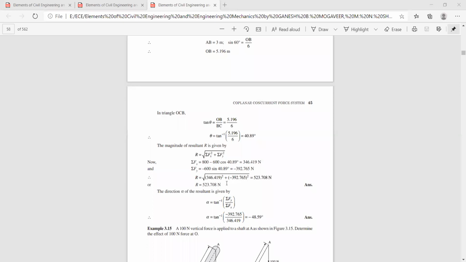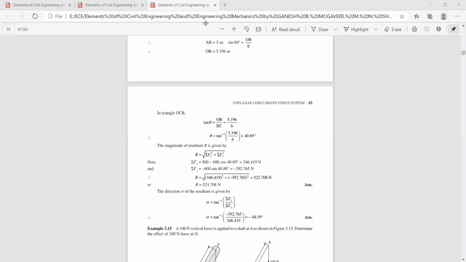So now, since sigma f of x is positive and sigma f of y is negative, hence the resultant acts in which quadrant? Can anyone tell? Sum of its horizontal component is positive and vertical component is negative. So the resultant is acting in which quadrant? Hello.